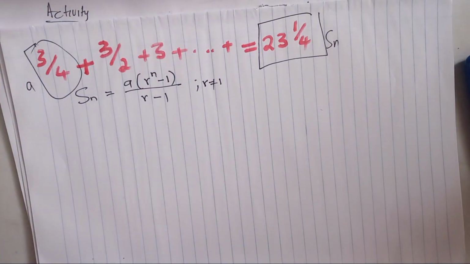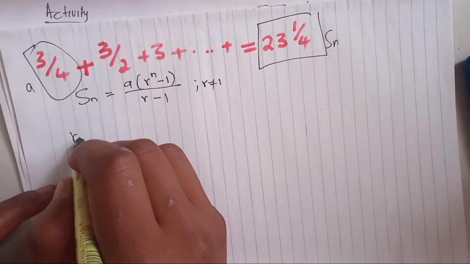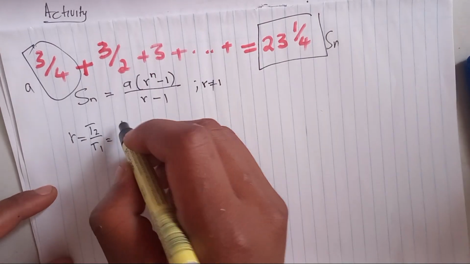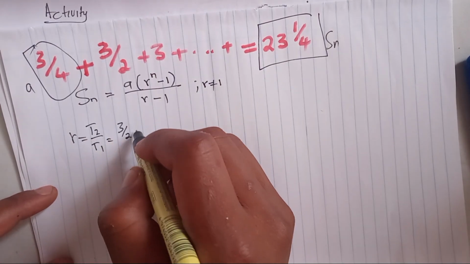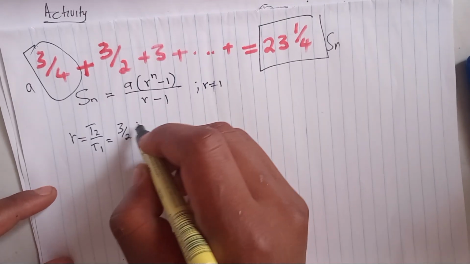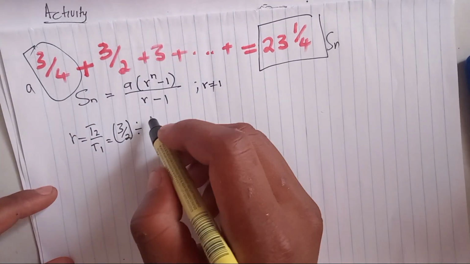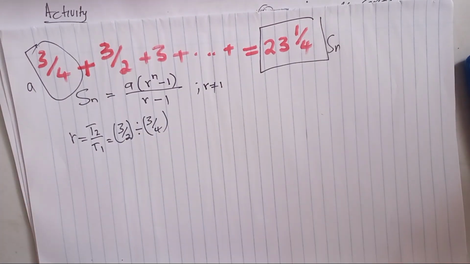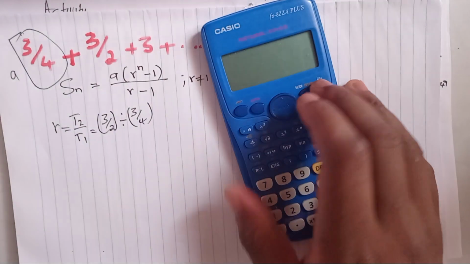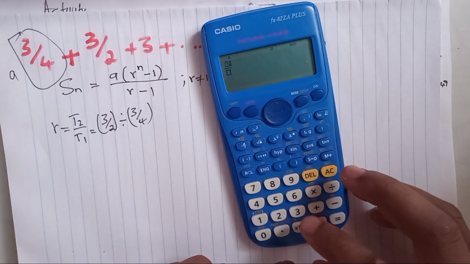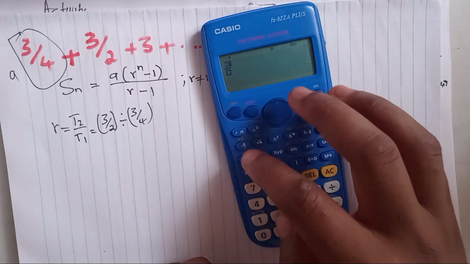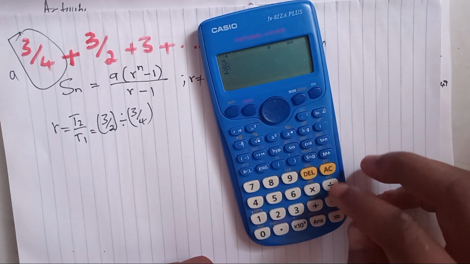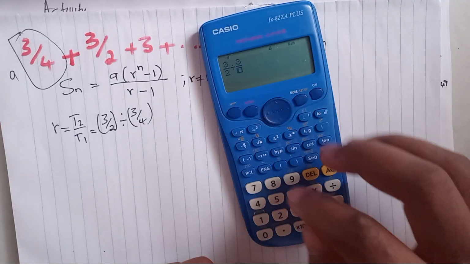And then we have to find the common ratio. So the ratio will be T2 divided by T1, which is 3 over 2 divided by 3 over 4. And then we go ahead and use the calculator: 3 over 2 divided by 3 over 4.